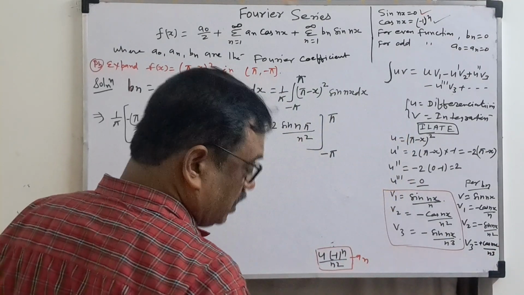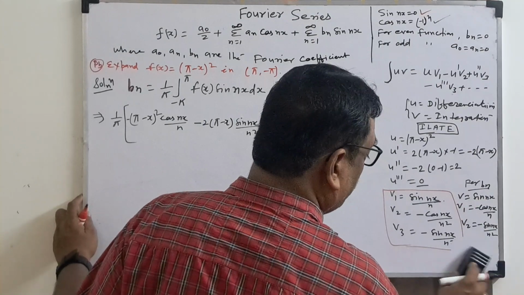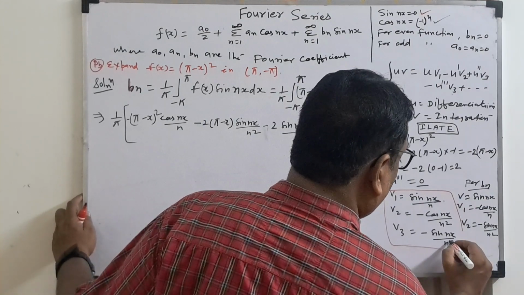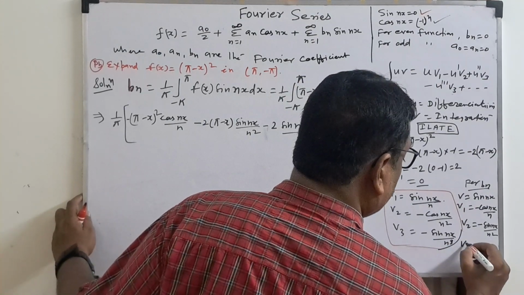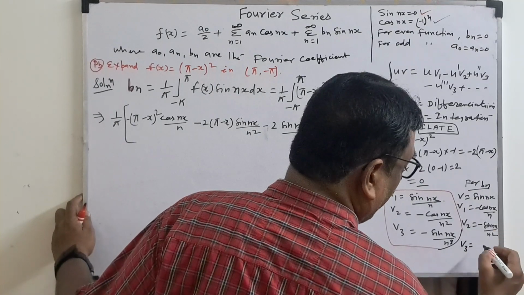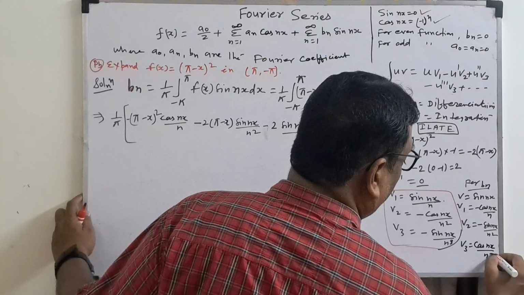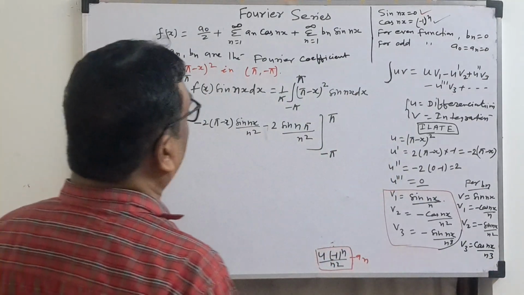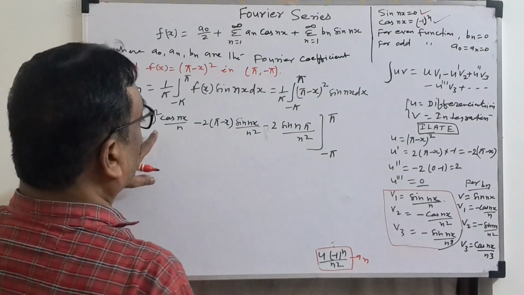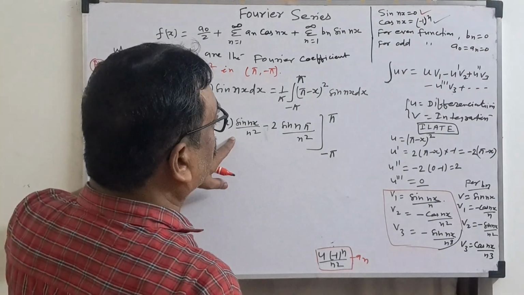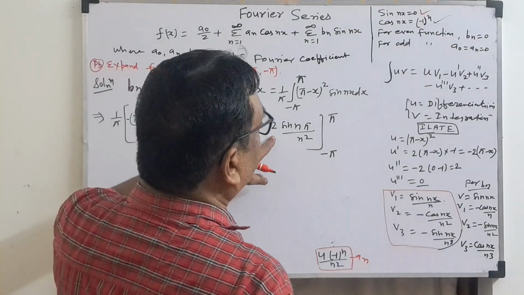Cos nx by n cube, v3 is not visible. So see here v3, what is? Sine minus, so minus plus cos nx by n cube. So here what is you wrote? u v1, u dash v2, u double dash v3.